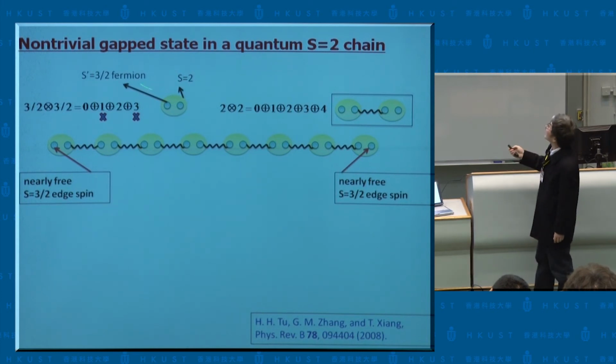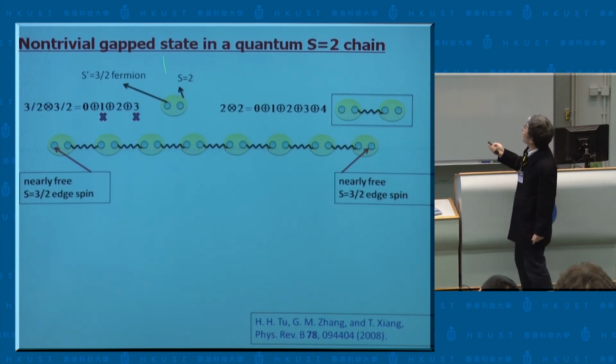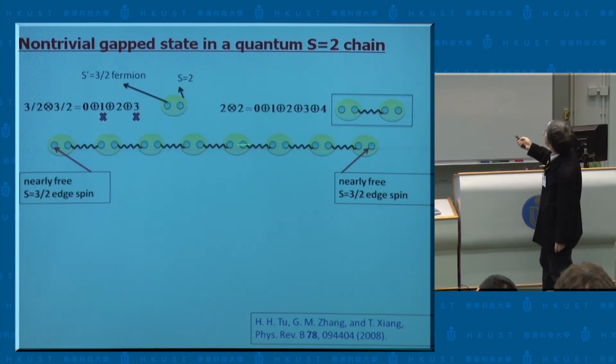Let's come back to the spin 2 chain case. We can divide the spin 2 operator into two spin 3/2 fermions, and then construct the valence bond solid state.